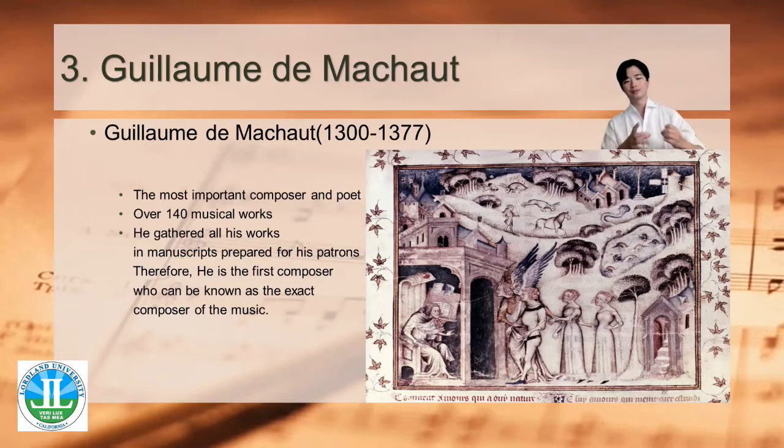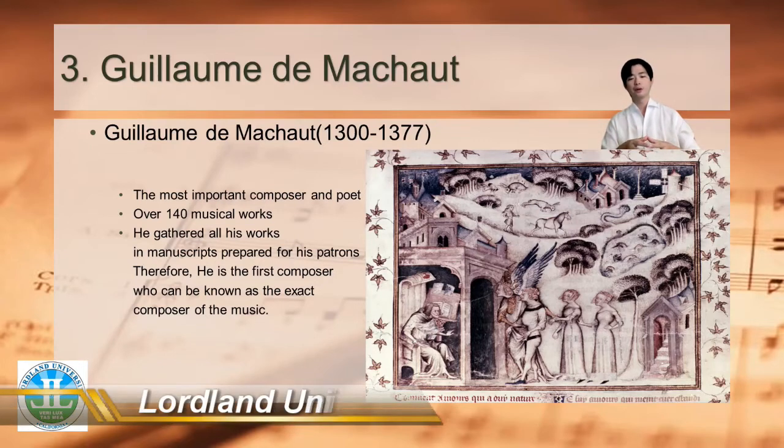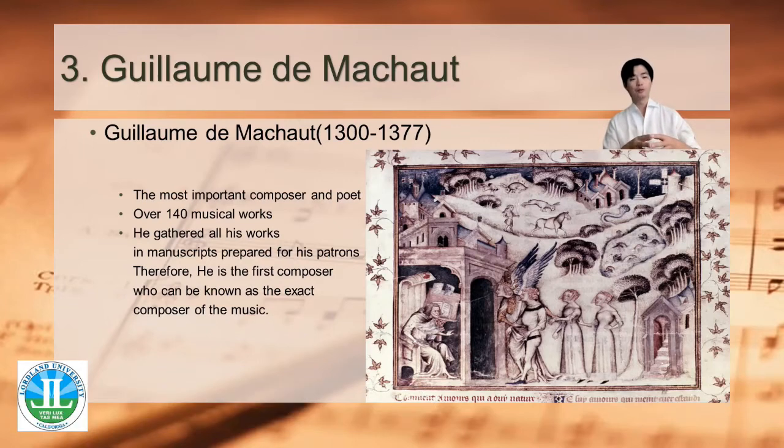He was born in the province of Champagne in northeastern France, but probably of a middle-class family. He was educated as a cleric, probably in Reims, and later took holy orders. Around 1323, he entered the service of John of Luxembourg, King of Bohemia, as a clerk, eventually becoming the king's secretary.